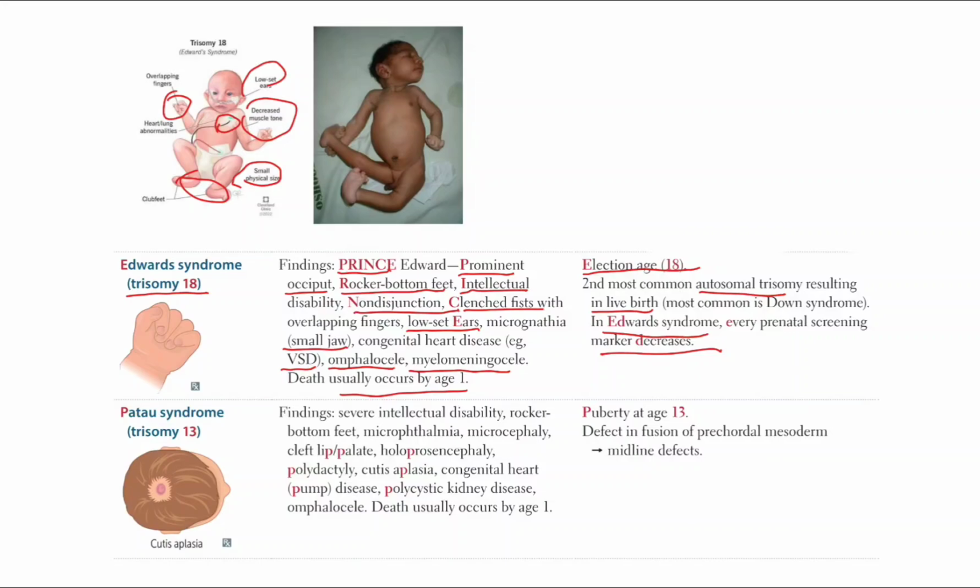These are signs of trisomy 18 or Edwards syndrome, and this child also has the same problem. You can see by looking at the feet and fingers, both feet are in a very abnormal position. These are signs of Edwards syndrome or trisomy 18.